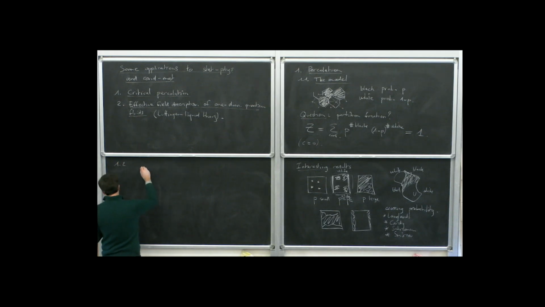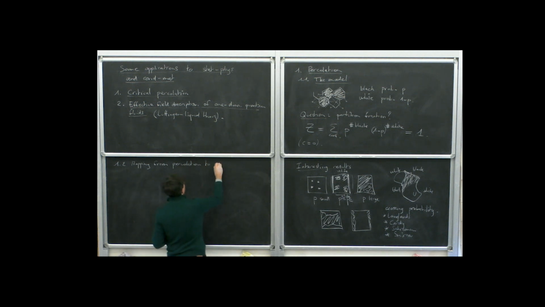So to do this, we need to first find a mapping from our percolation model to a discrete height model.